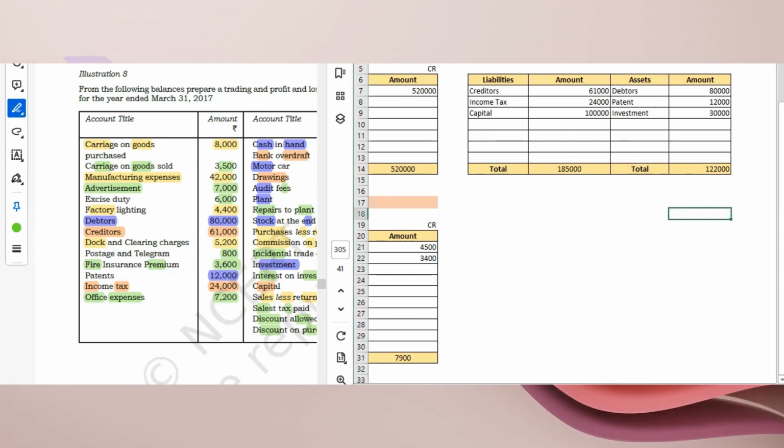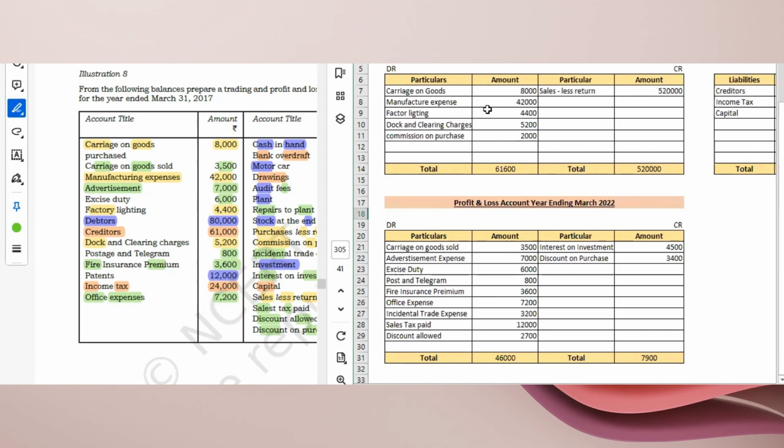Now the fun fact is that our assets and liabilities should match. We will check whether we have done the corrections and the sums correctly. Always remember, if your expense is more than your sales, then it is a loss.